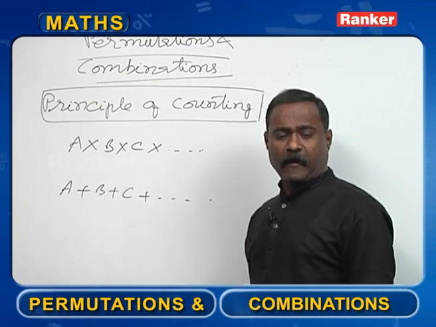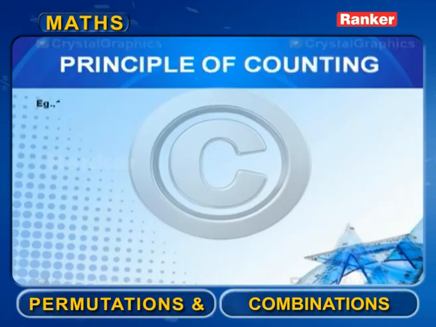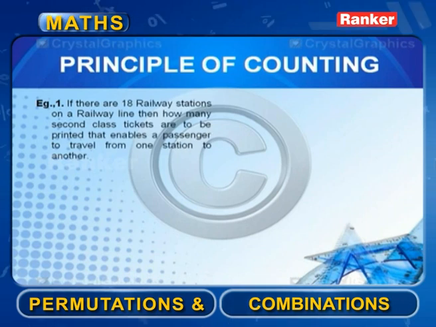If you see here in the next slide, the principle of counting, example 1: if there are 18 railway stations on a railway line, then how many second class railway tickets are to be printed that enables a passenger to travel from one station to another?